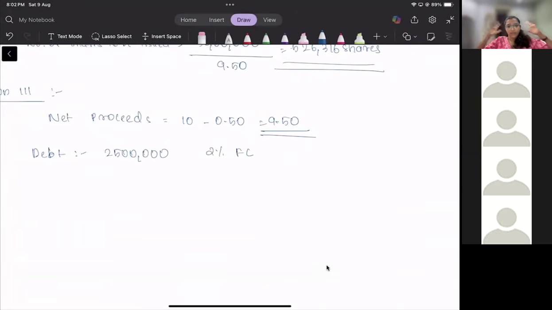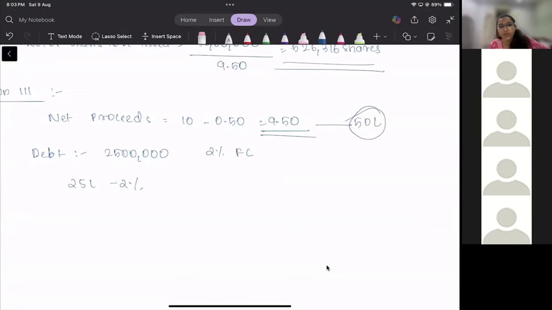First thing to understand is, we anyway need 25 lakh rupees. If you take 25 lakh minus 2%, you will get 24 lakh 50,000 as our net proceeds. Is it okay? No, because we need total 50 lakh rupees.